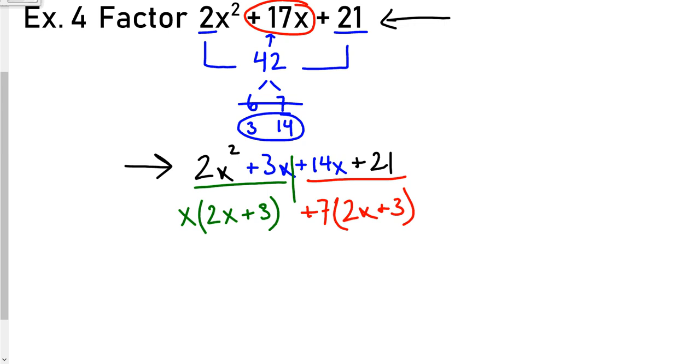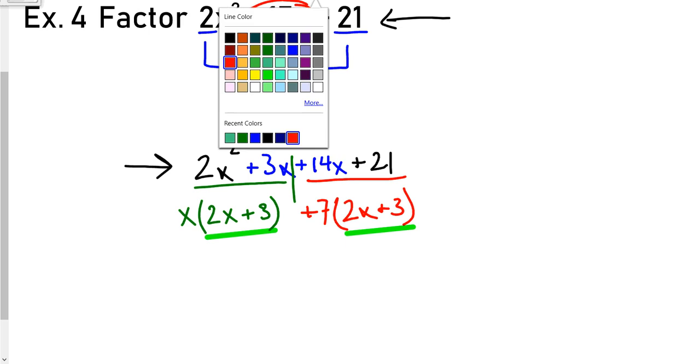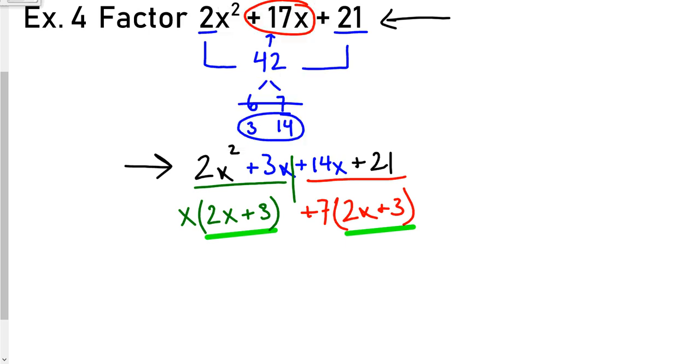And would you look at that? We have a 2x plus 3 in each part, which means that 2x plus 3 is my greatest common factor. So I can factor out a 2x plus 3, and what's left over is x plus 7.